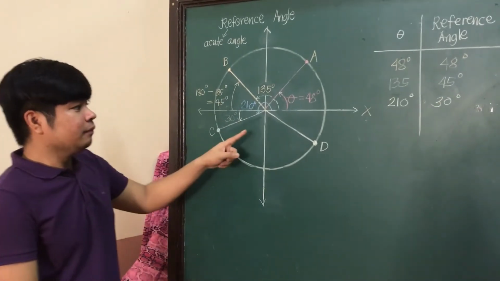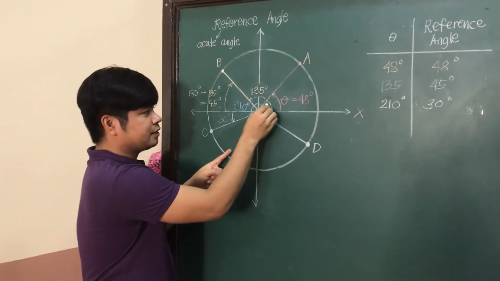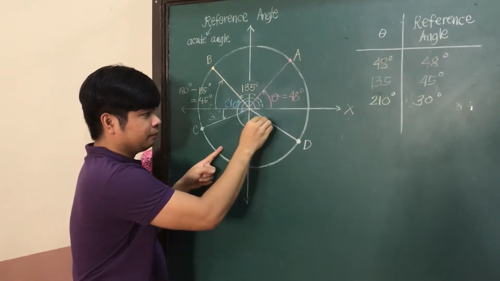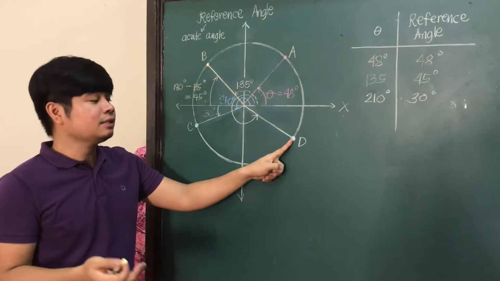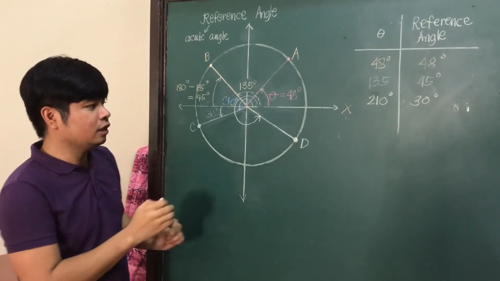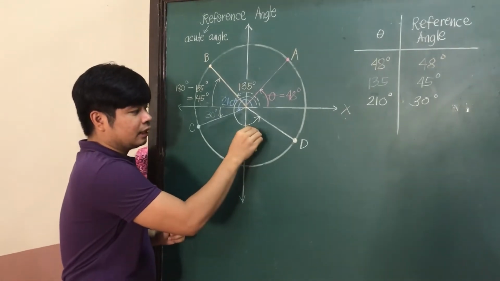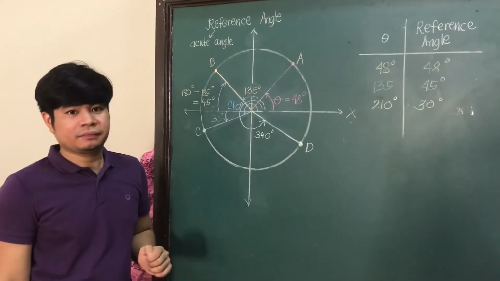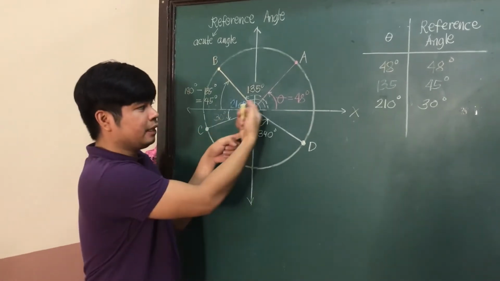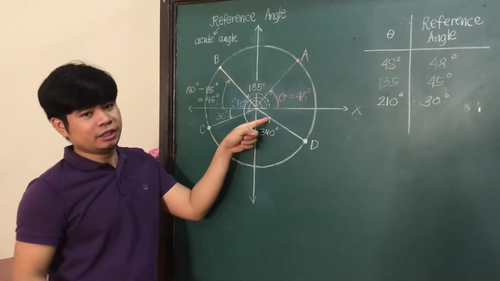And the last, the angle that measures, let's say for example, I'm just trying to approximate, the measure of the angle having a terminal side that lies on the fourth quadrant, let's say that is 340 degrees. So as if we are forming one complete revolution here, right?